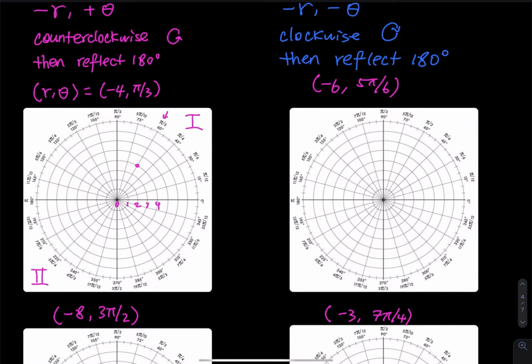So pi over 3 is right here, right? And then now look over to the other side, right here. This is also pi over 3, right? So that means you make a 180 degree reflection. You jump from pi over 3 to 4 pi over 3. Another way to think about this is you take 60 and then you add 180 degrees to it, you get 240 degrees.